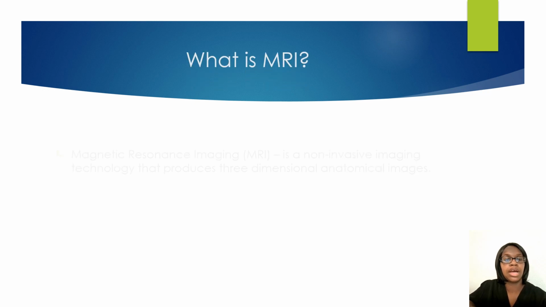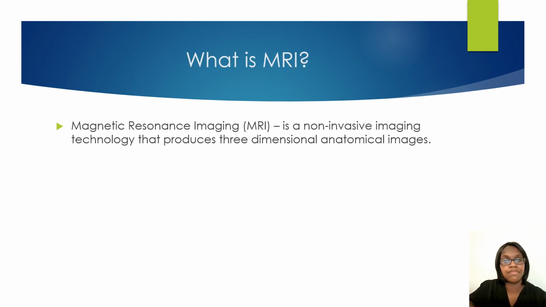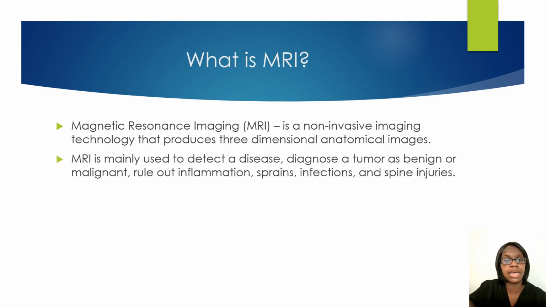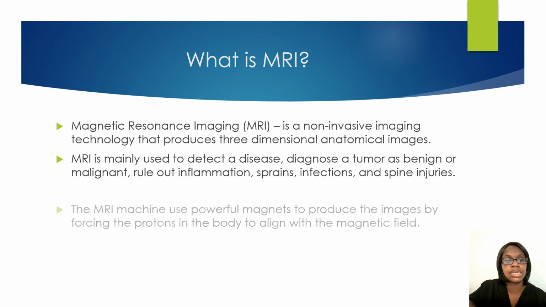So what is MRI? It's pretty much a non-invasive imaging technology that creates three-dimensional images of our body. It can be used to detect certain diseases and it can diagnose certain tumors, such as rheumatoid inflammation, if you have any sprains, infection, if you have spine injuries from sports or from a car accident.